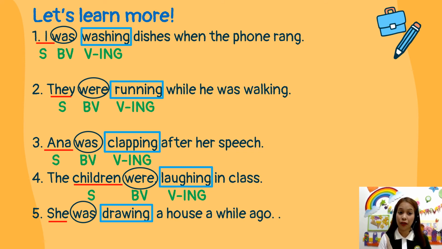Laughing will be your verb ing. She was drawing a house a while ago. Your subject here is she and was is your be verb. Drawing will be your verb ing. Okay, grade 6? Understand? Great. Let's move on.